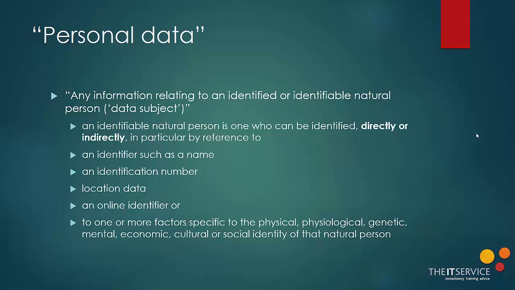So you can think of personal data as essentially any information about a person which on its own or with other information would allow you to identify the person to whom the information relates.